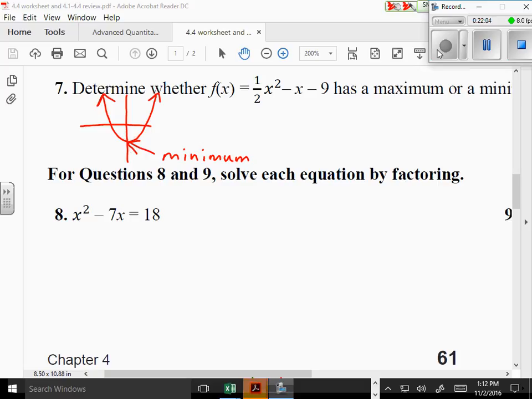No. Go to your calculator, go to the table, and figure out where it started changing directions, where it turned around and went the other way. The y values will get smaller, smaller, smaller, and then they'll start getting bigger, bigger, bigger again. At what point did they decide they didn't want to get smaller anymore, and they wanted to start getting bigger?